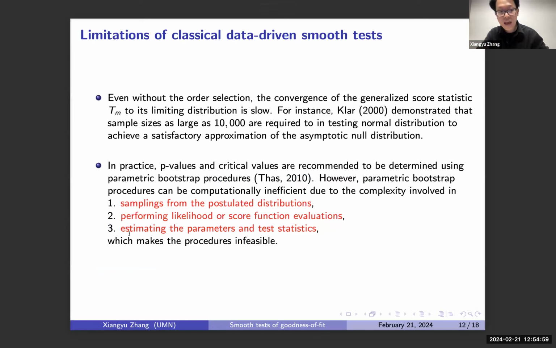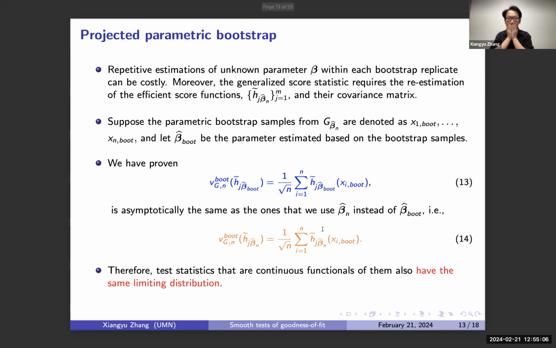If only the parameters are hard to estimate, what we prove is that indeed you do not need to perform the parameter estimation within each of your bootstraps. Specifically, suppose the parametric bootstrap samples are from J beta hat n, denoted x1 bolt up to xn bolt.